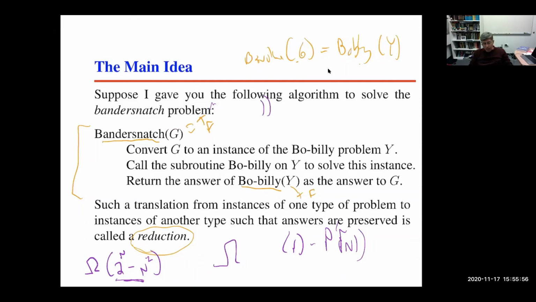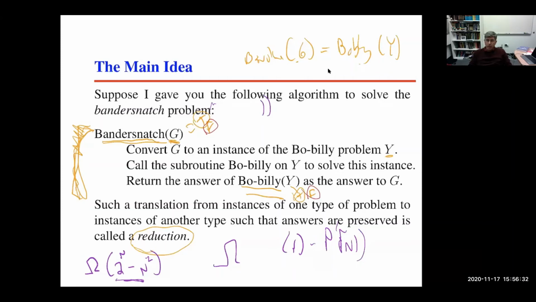So now maybe an algorithm for solving Bandersnatch in this way doesn't look like quite the miracle it did before. I want to translate the input G into an input Y such that mobility of Y is always the same as Bandersnatch of G. That means that when Bandersnatch of G is true, mobility of Y is true, and when Bandersnatch of G is false, mobility of Y is false.